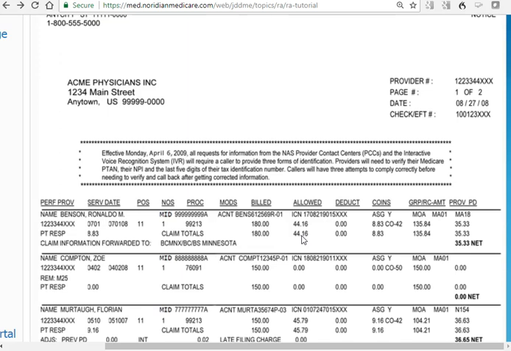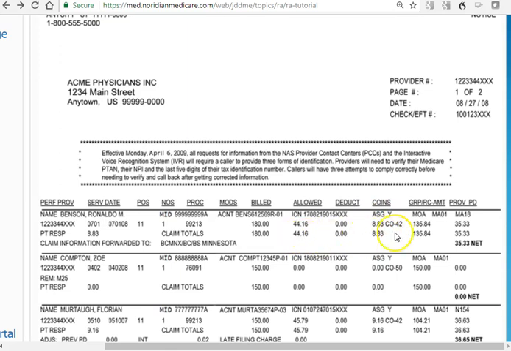And different provider types have different payment allowances. You want to make sure that this is correct. So this would be the amount allowed for a physician at this date and time. In this case, our patient has met the deductible, so none of that goes to the deductible. Patient does have a little bit left over, that's the 20%.